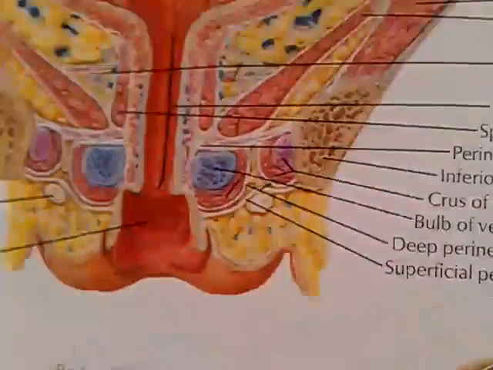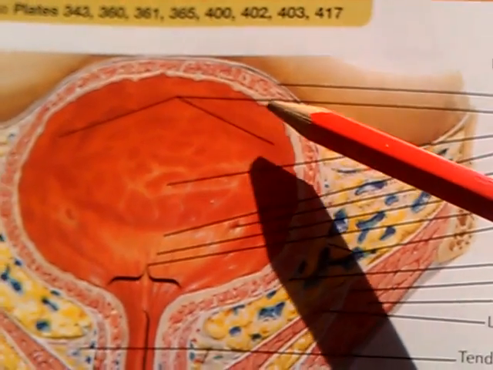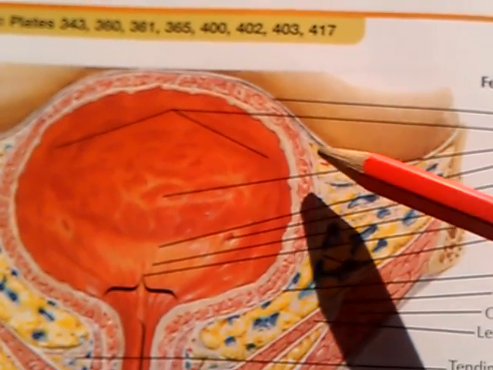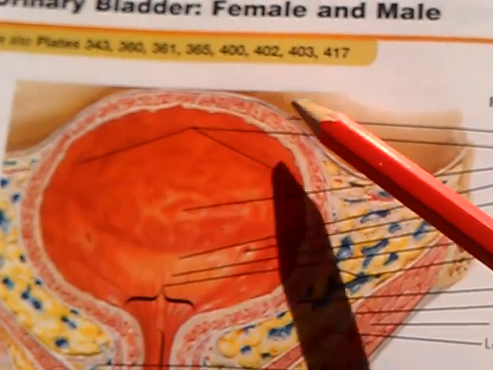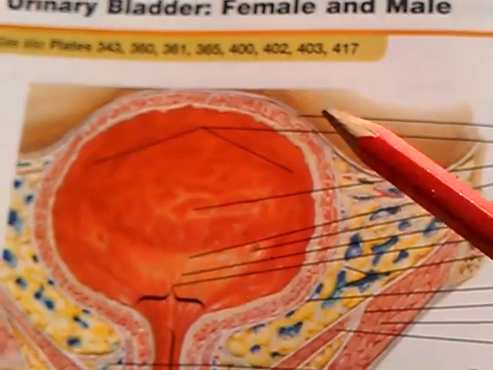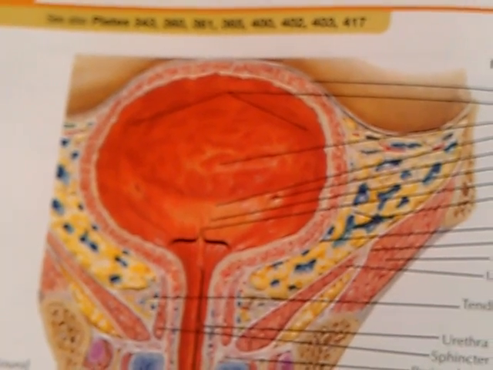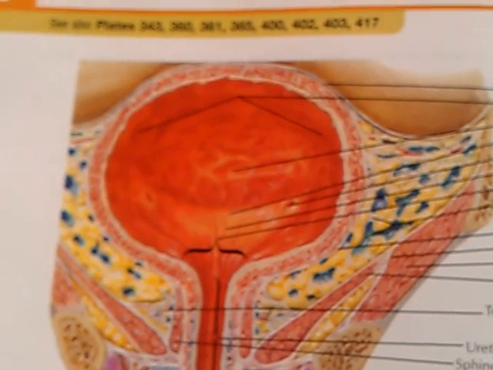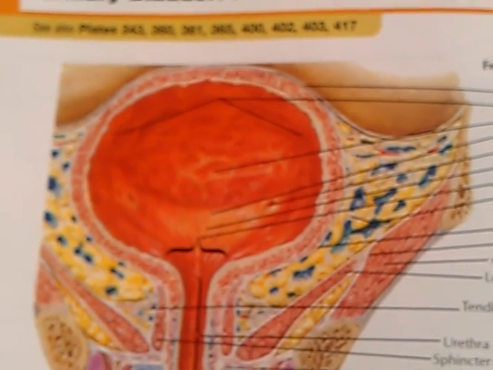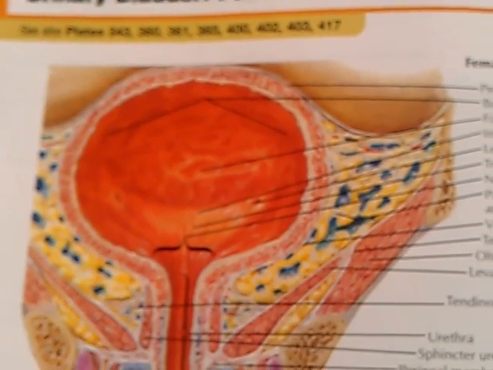The wall of the bladder consists of a muscular coat, a mucous membrane, and a serous coat. And then on top of here you have peritoneum in addition. The mucous membrane is loosely attached to the muscular coat, and it is folded into mucous folds, which disappear as the bladder fills. The bladder will expand.